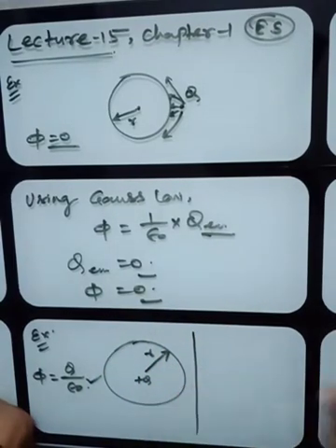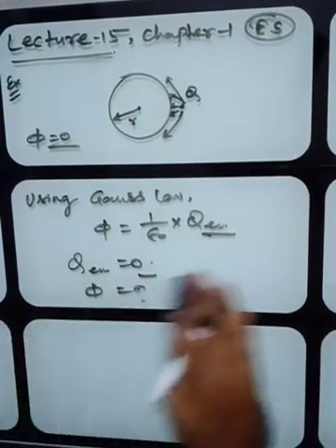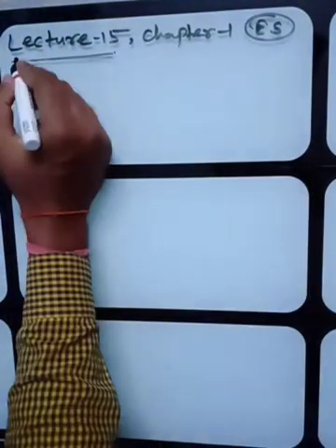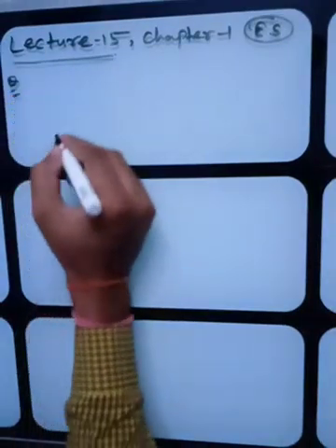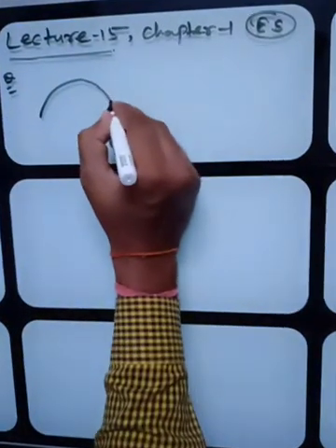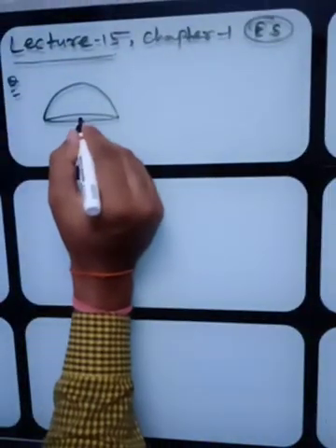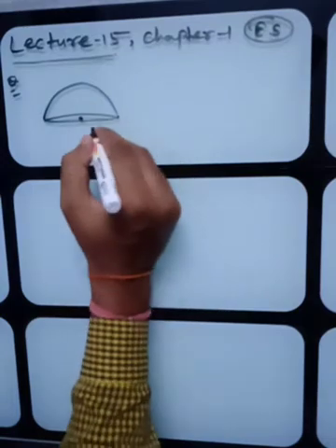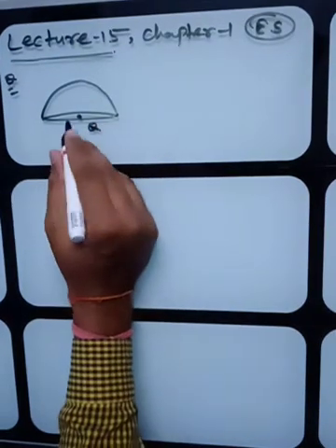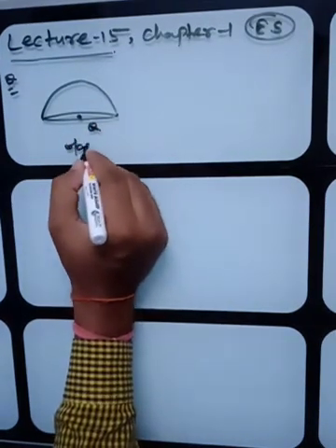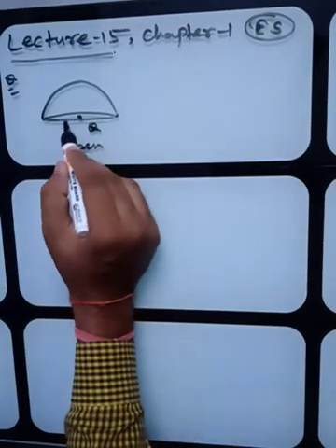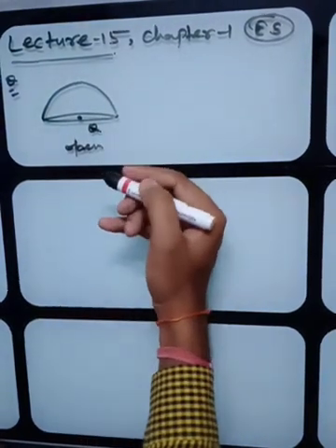Okay, student. Now the next question, next example. Here is a hemisphere, and it is open, and a charge is placed at the center. The charge is Q. Remember, this hemisphere is open from its open face.